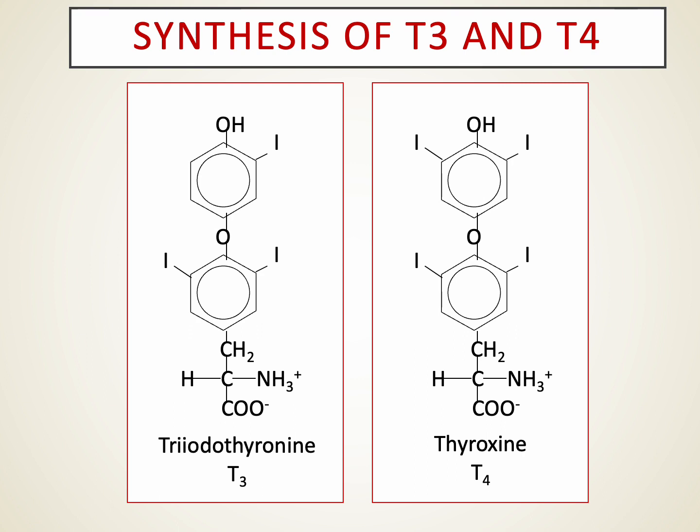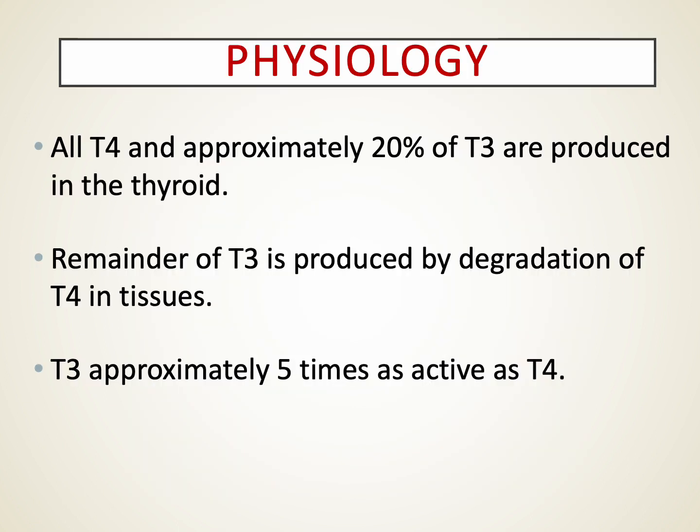On the left, T3 has 3 iodine, where T4 has 4 iodine atoms in the molecule. Physiologically, T4 and about 20% of T3 are produced by the thyroid. Most of T3 is actually produced by the degradation of T4 in tissues, and really T3 is more physiologically, pharmacologically active than T4.